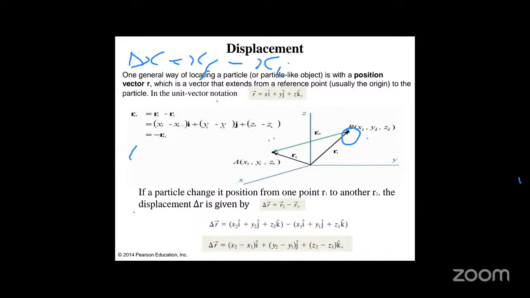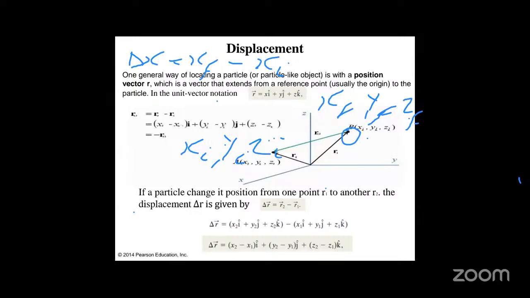So what is R final? That's the final position of the object. R final becomes X final, Y final, and Z final. R initial becomes X initial, Y initial, and Z initial.